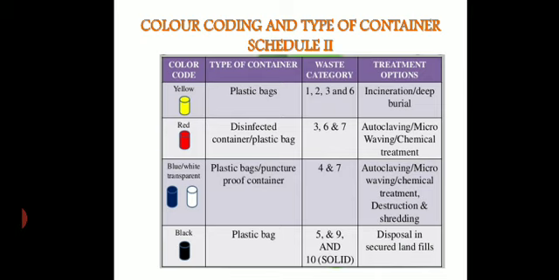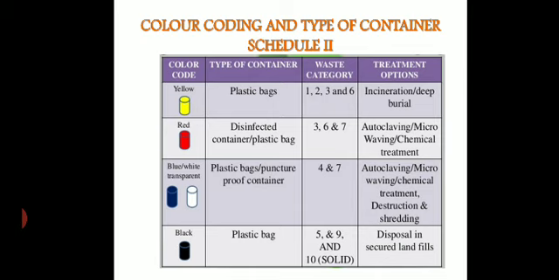Category 5 includes your discarded medicines and cytotoxic drugs. And category 9 includes your incineration ash. That is, after burning of the biomedical waste, the ash is formed, and that ash is called incineration ash.